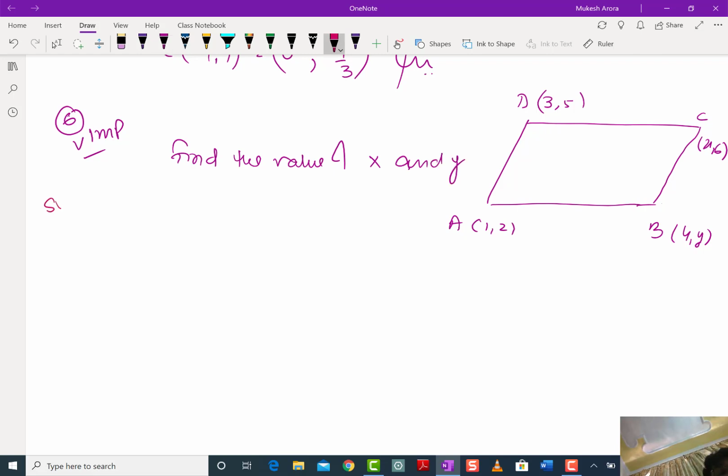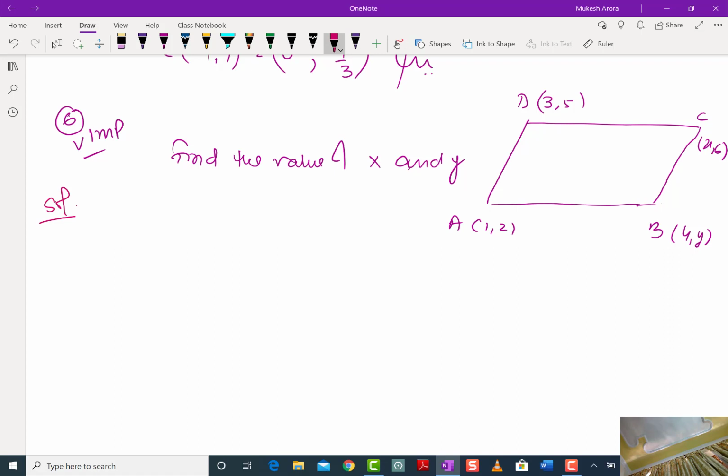It will be very easy to find if we think, because we know the parallelogram means opposite sides are equal. So most of us will try the opposite sides are equal, and I assure you that if you keep on trying, the possibility of getting the right answer in limited time is very less, right?